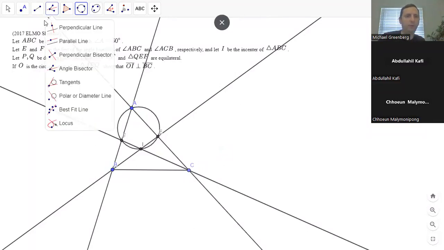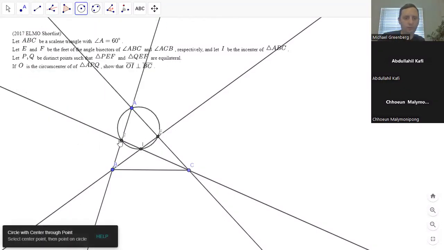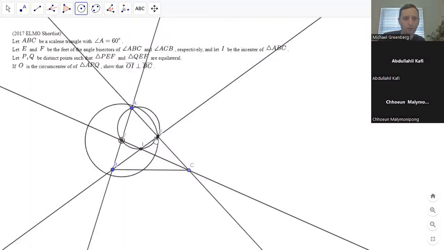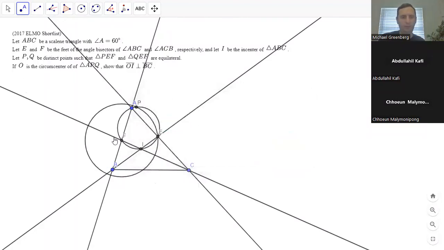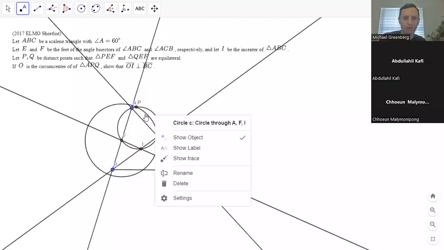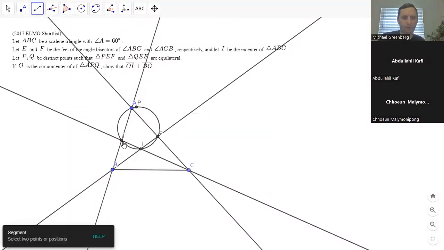That's kind of interesting. So I can do that like this. Actually, that should just be this point right here. So this should be P, because this would be a 60-degree angle. And then the reflection of P over EF.